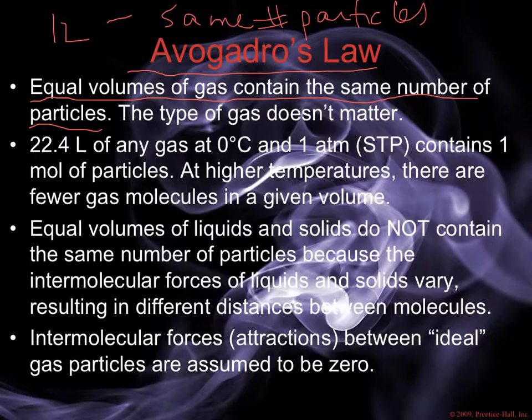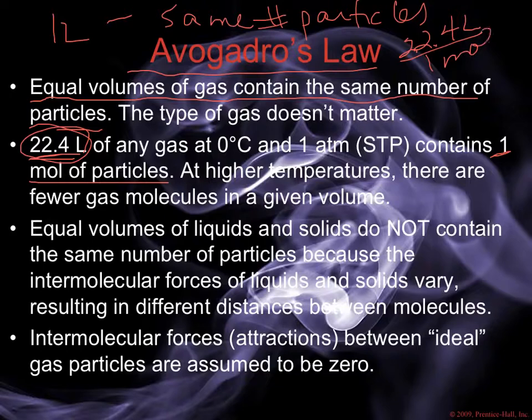So, for example, you're going to start getting more and more familiar with the constant 22.4 liters. That particular volume of any gas contains exactly 1 mole of particles. So that can be used as a conversion factor. It's 22.4 liters is 1 mole of any gas.